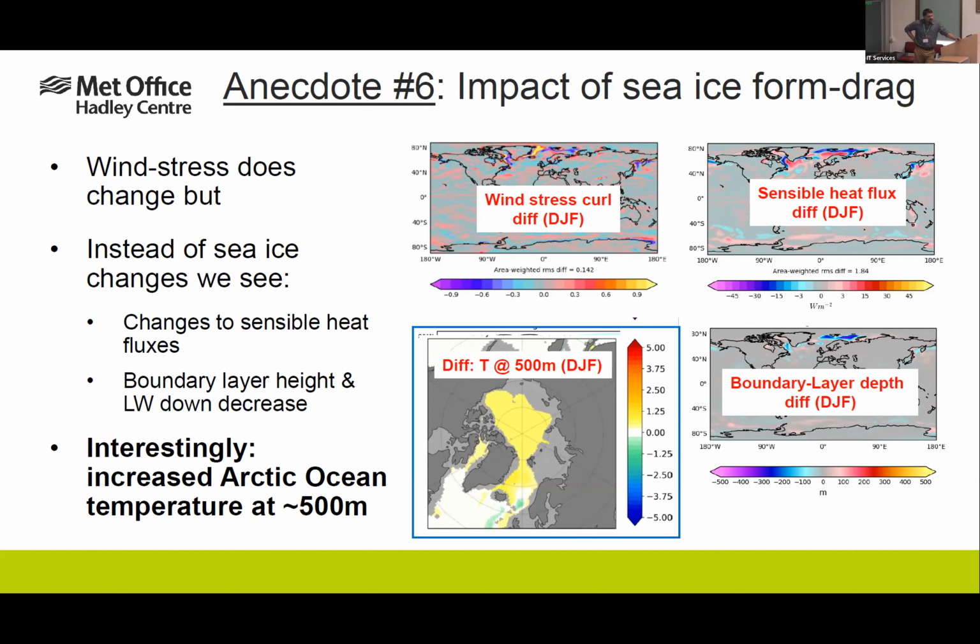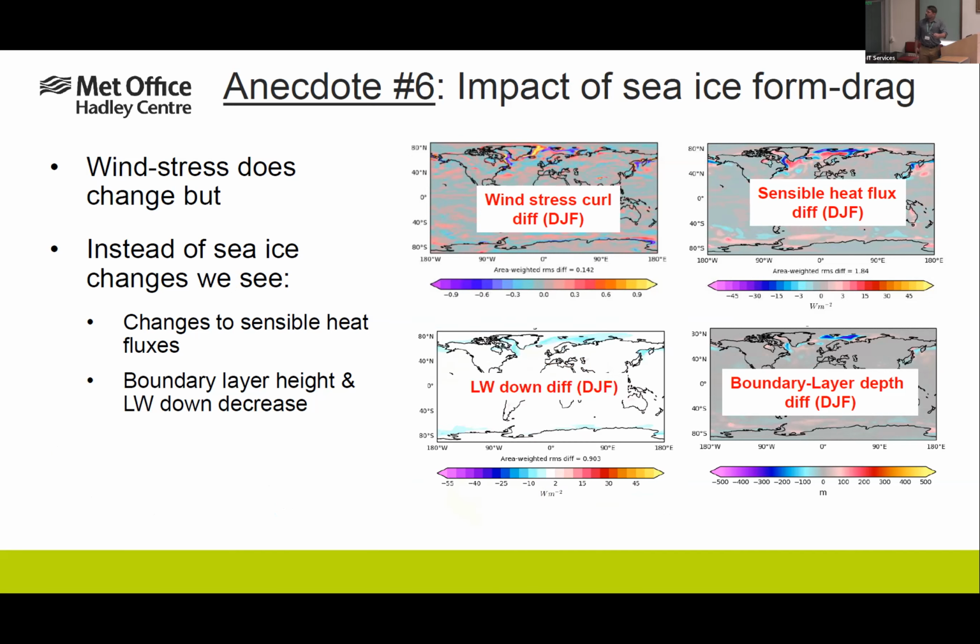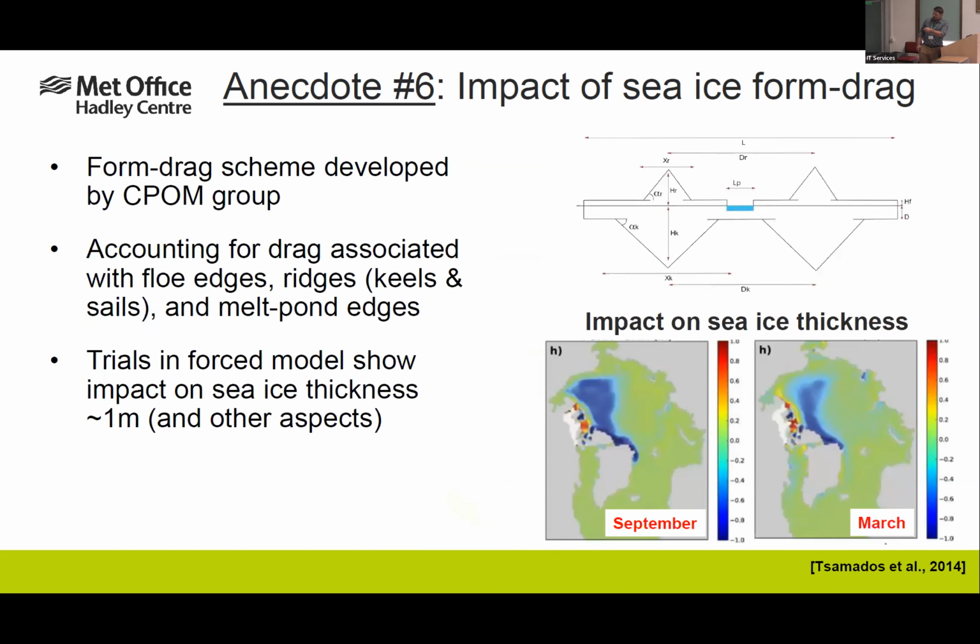Sure, I've not looked at it in enough detail because unfortunately the guy that was doing this work left, and we've had to prioritize other things. But we think it's because the form drag has got an element of oceanic extra mixing. So we think it's this variable drag at the ocean.